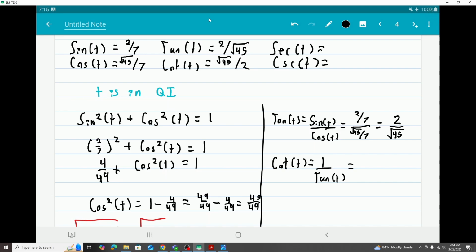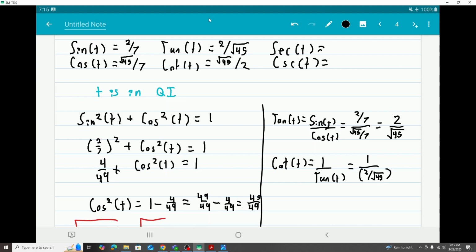Perfectly fine by me. And then secant and cosecant do the same thing. So here I'm just writing out the work for why that happened. But then we flip that bottom fraction, we get root 45 over 2.